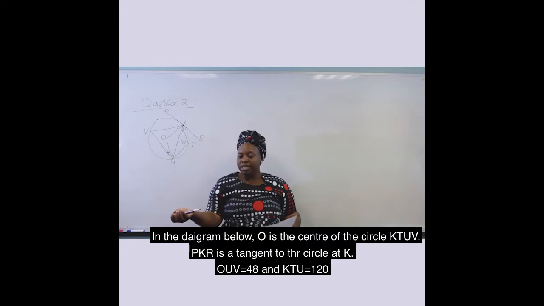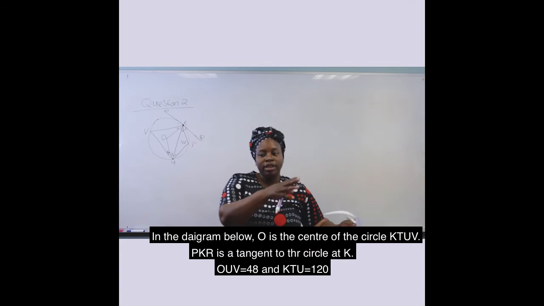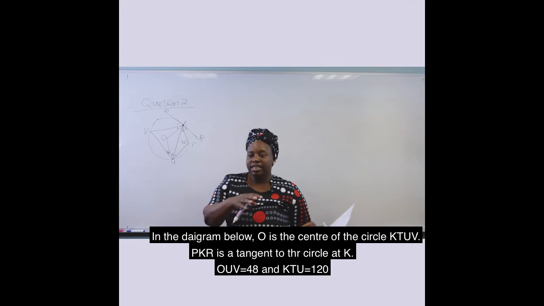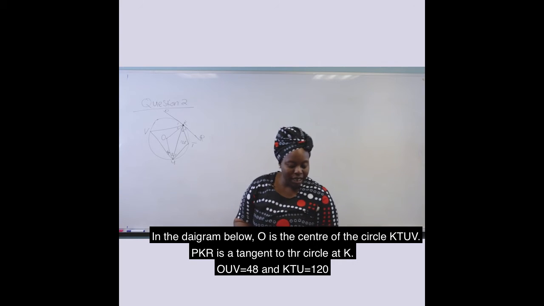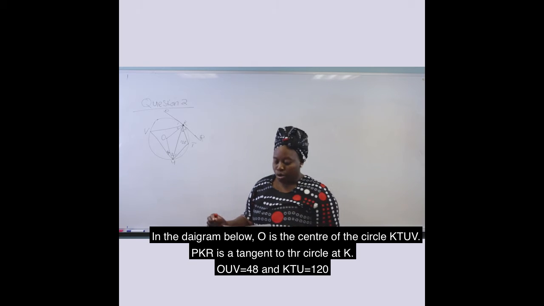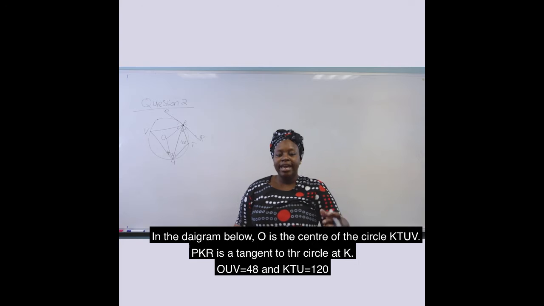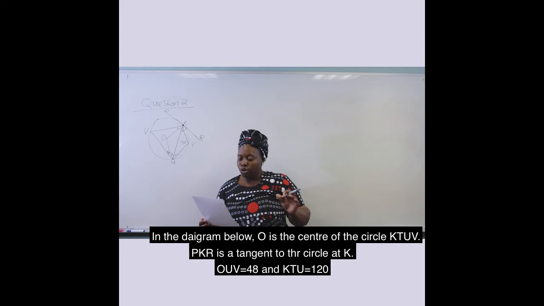One theorem says the angle between the tangent and the chord is equal to the angle subtended by that chord at the opposite segment. And another says the tangent is perpendicular to the radius. Those are the things that you have to know.